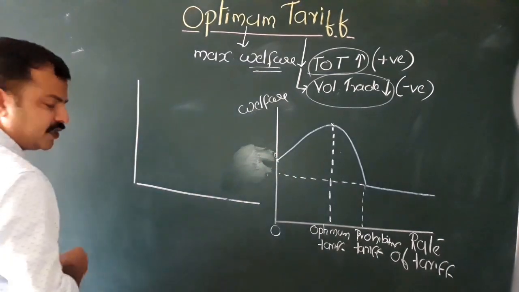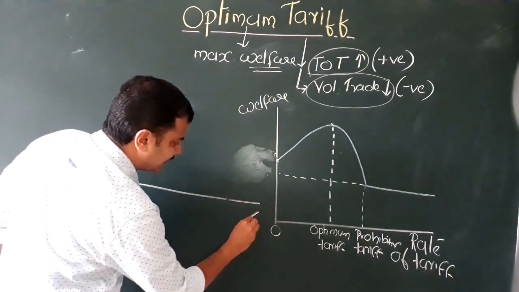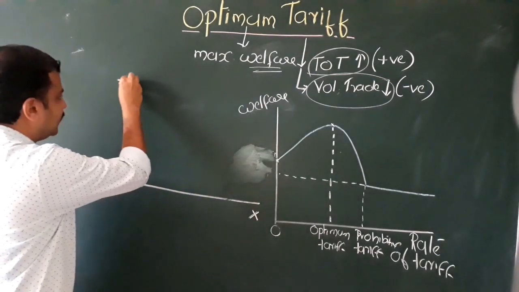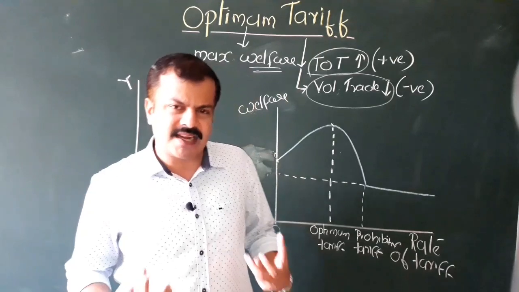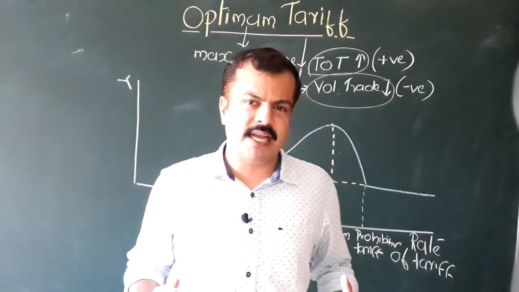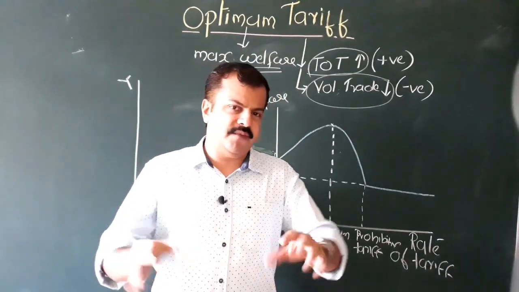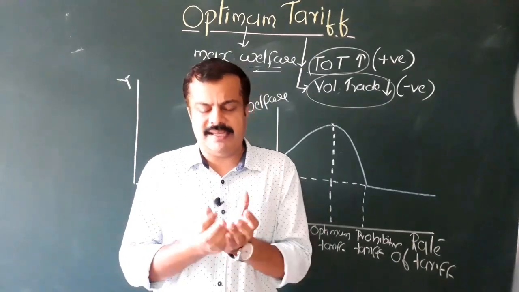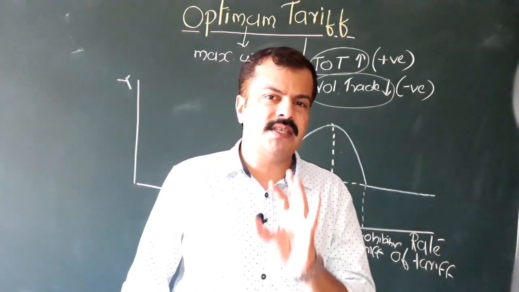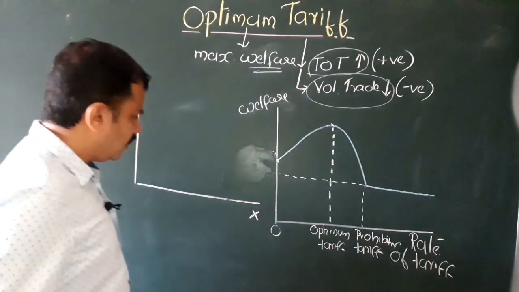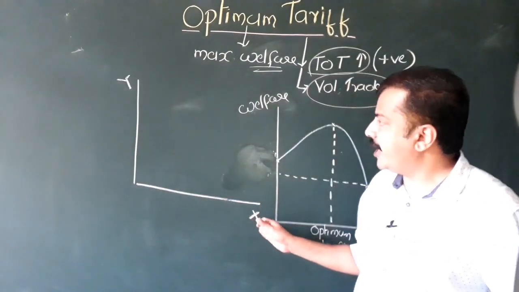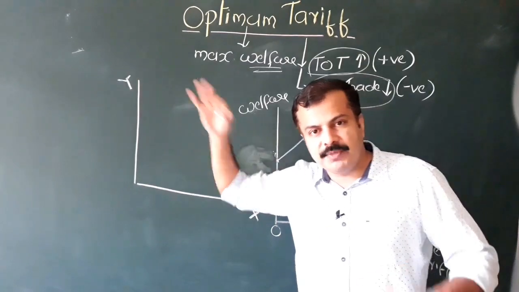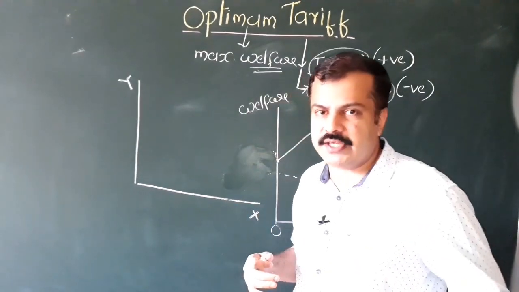Let's have a situation in which I will be measuring commodity X here and commodity Y here, just to show that if all these countries start imposing optimum tariffs, the volume of trade will in fact come down, or the entire quantity of trade between countries can come down. I will be drawing the offer curves of these countries to explain the situation.